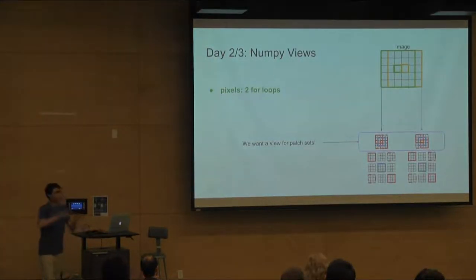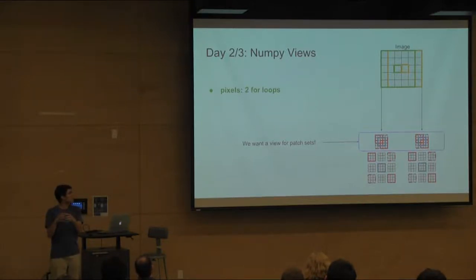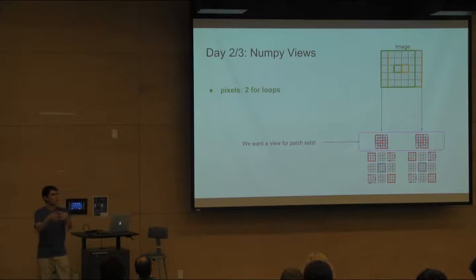So going back to the original image, now we have this notion of patch sets that we want to extract for each pixel. We're scanning, that's the outer two loops, scanning each pixel and trying to extract for each pixel the entirety of the 9 patches.